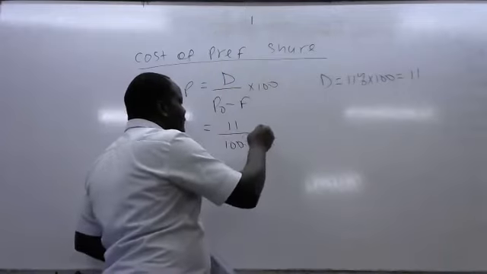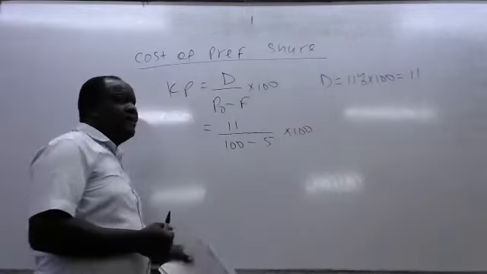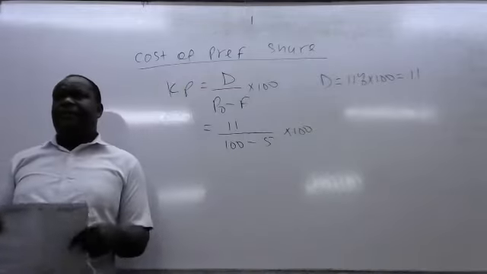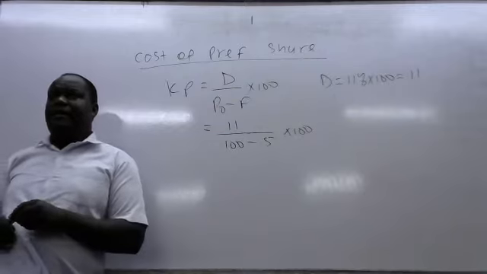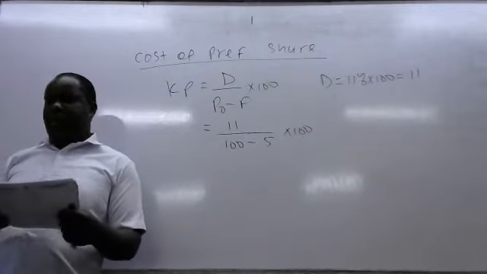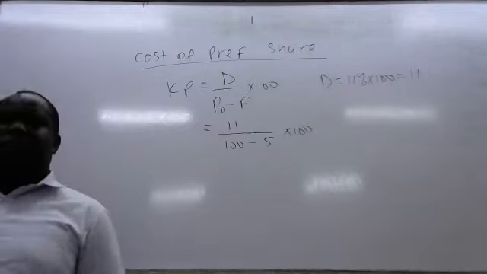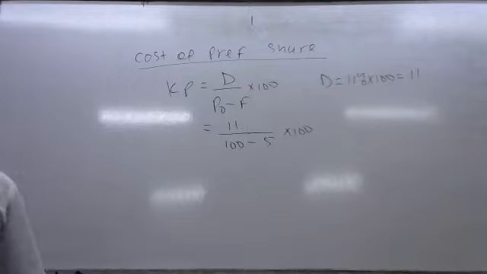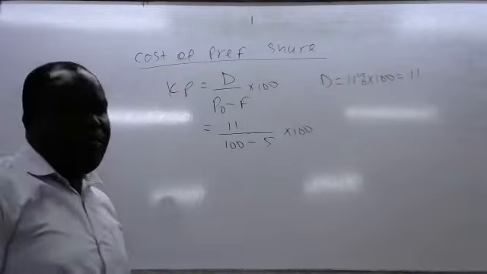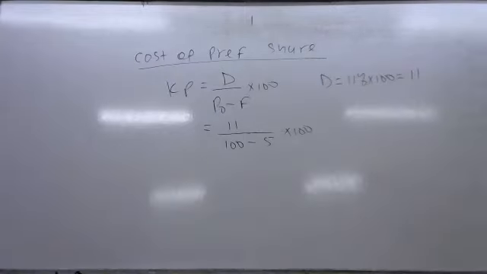Subtract the flotation cost of 5 shillings, then express that value as a percentage. That now should be the cost of the preference share. Dividend is computed on the par value. Then now we express it in that manner.